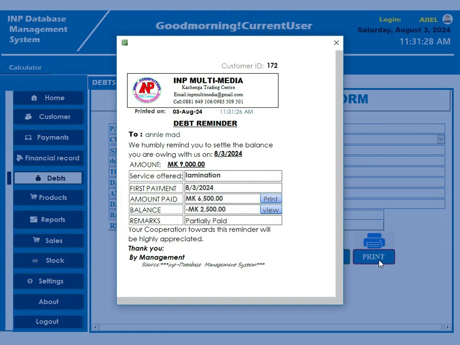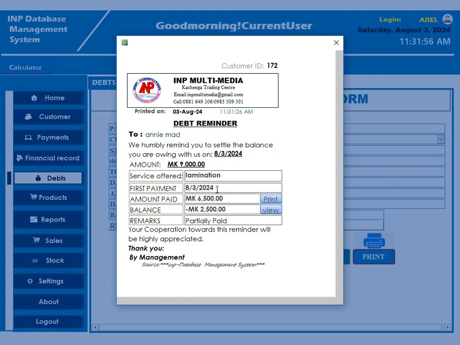You see the information of the customer as this is a debit reminder going to Annie. It says we humbly remind you to settle the balance you are owing with us on this date, 3 August 2024. The total amount, that's 9,000. Service offered, that's what I mentioned.